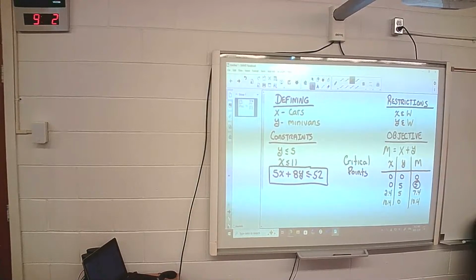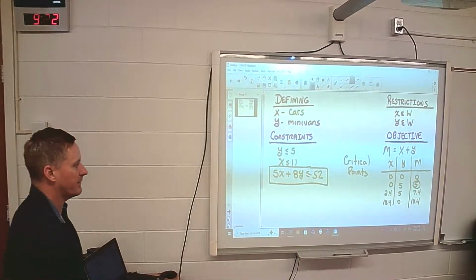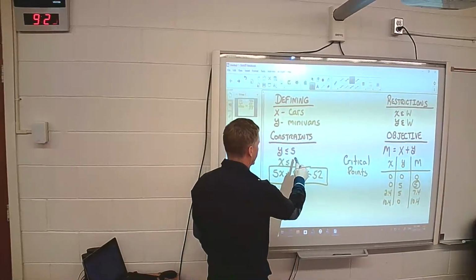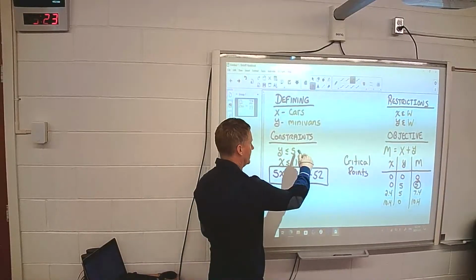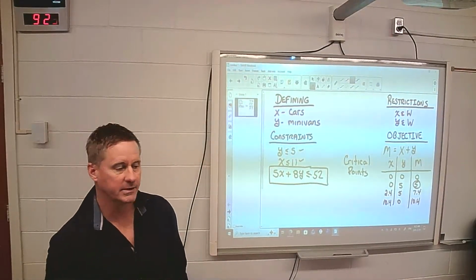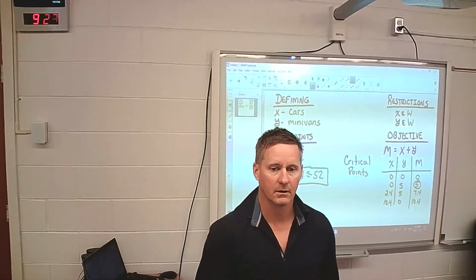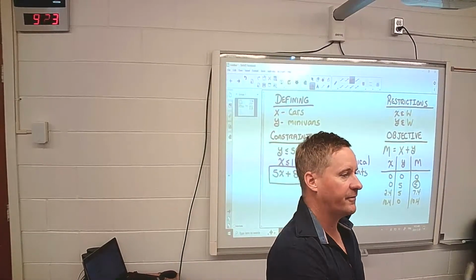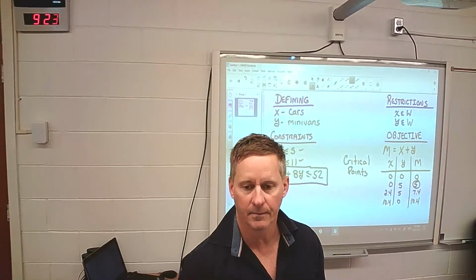But I can't take 10.4, so how many cars would I have to take? 11. I would need at least 11 cars to make this happen, which checks that off there. If I took 5 minivans, the most people I could take is 40. If I took 11 cars, I could take all 52. All right, I would take 10 of the vehicles full and 2 extra in the last vehicle.